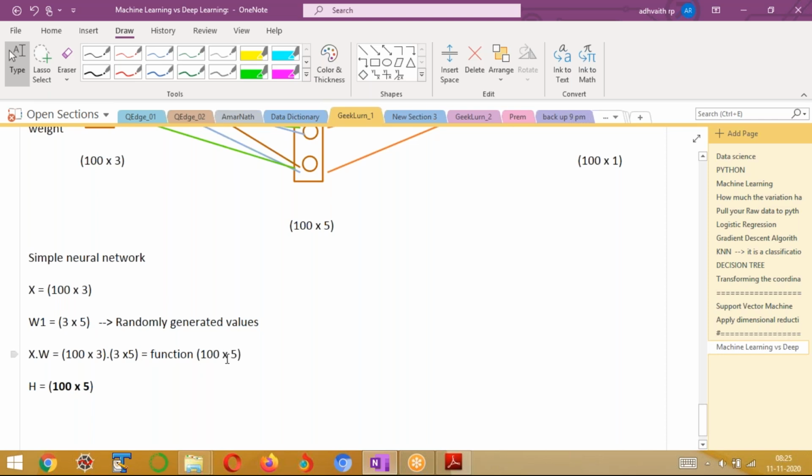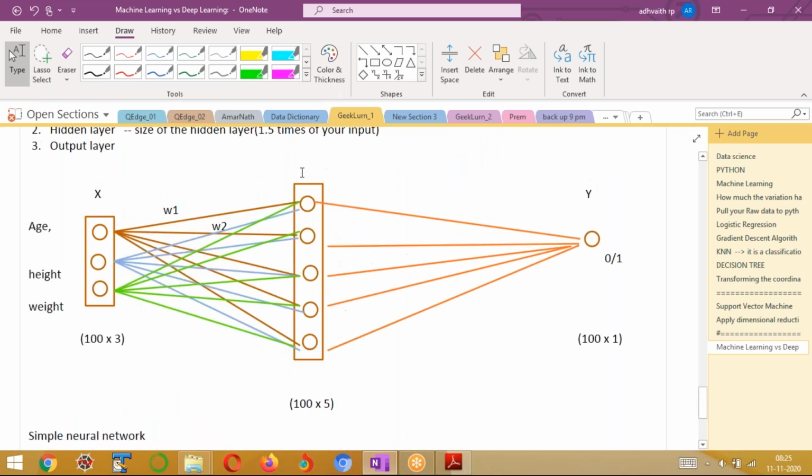On those 100 by 5, you are applying a function. After converting your actual values through the function, the result that comes out will be saved in your actual hidden layer. Is it clear now?